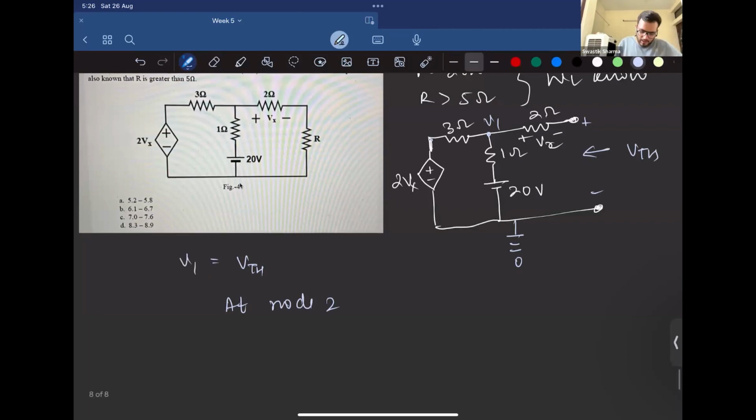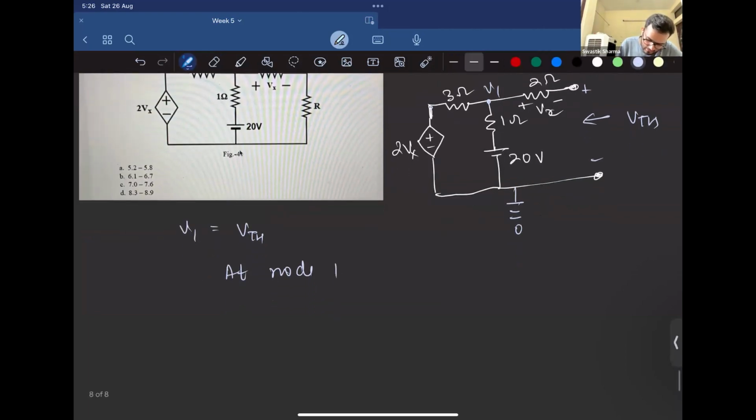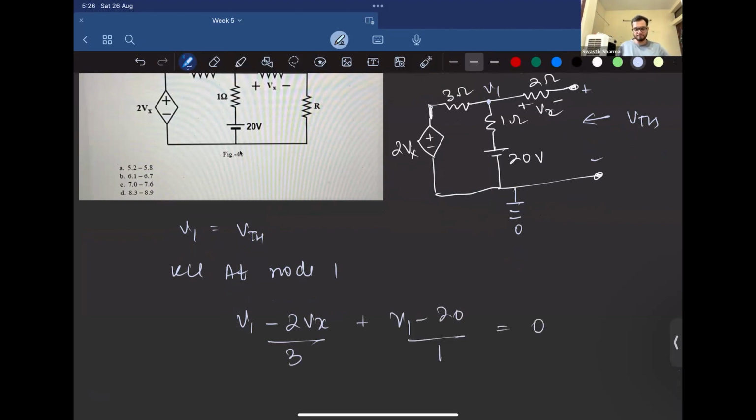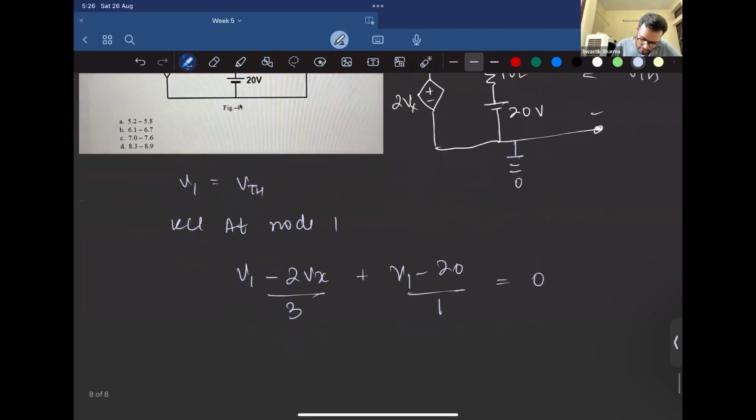So at node 1, let's apply KCL. V1 minus 2Vx by 3 plus V1 minus 20 by 1 is equal to 0, since there won't be a current flowing through that 2 ohm resistance.